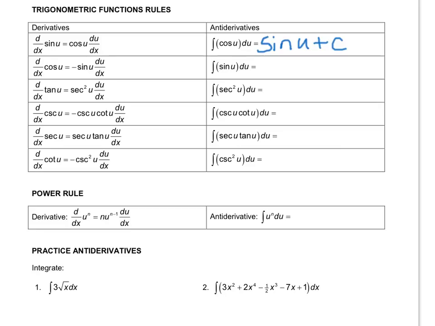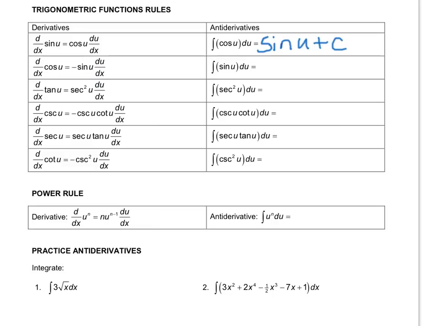And let's take a look at our next one. We've got the derivative of the cosine of u. The derivative of the cosine of u with respect to x is going to be the negative sine of u times du dx. Okay, so that was our derivative for cosine of an angle becomes negative sine of the angle times the derivative.